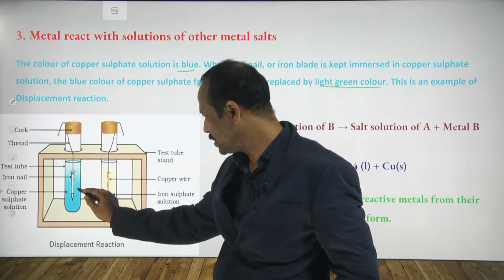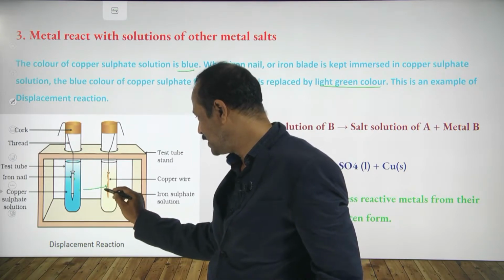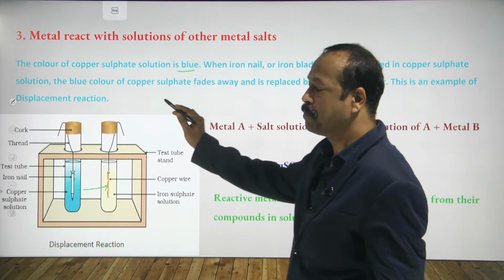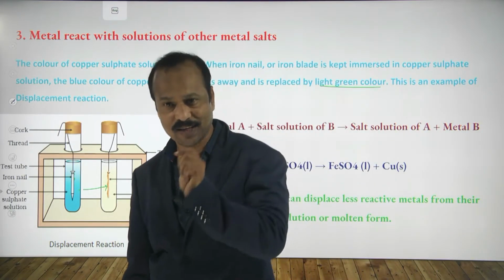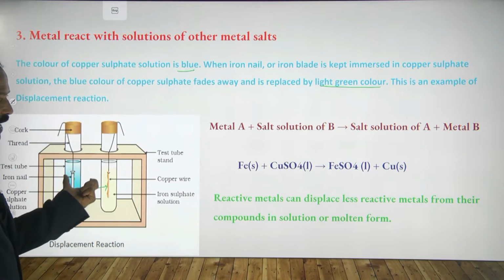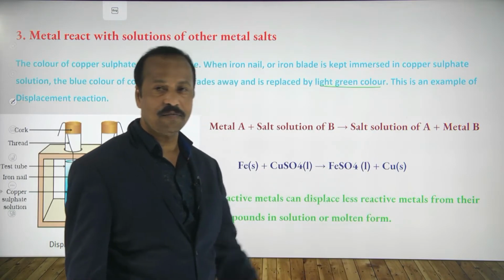This is an example of a displacement reaction. Iron reacts with copper sulfate to form iron sulfate and copper.